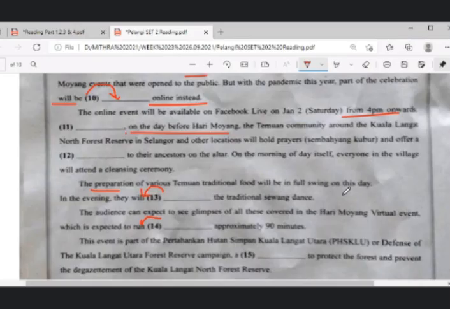So their celebration is like this. Okay, and in the evening they will the traditional Sewang dance. So these people's traditional dance is known as the Sewang dance. So what do you think the answer for number 13?